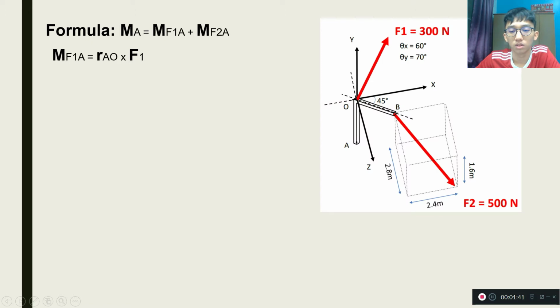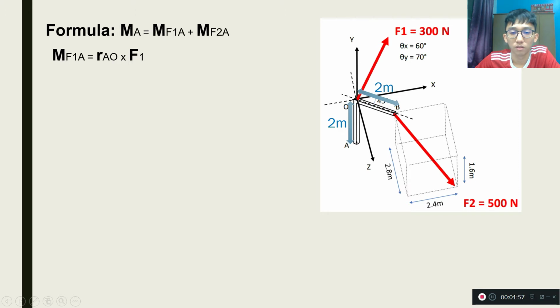For moment F1A, the formula is M equals R cross F. The reason why I use RAO here is because R is measured from the point at which we would like to find the moment to the point of the force.